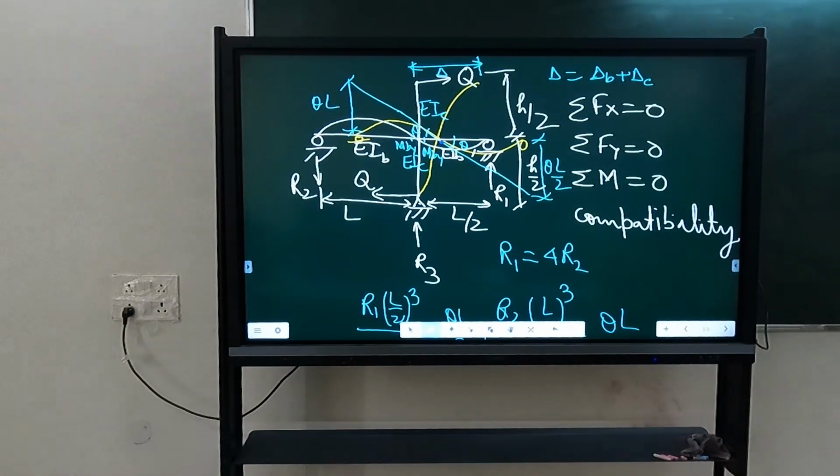Because we have designed the columns stronger than the beam, the column hinge is not forming; hinges will form in the beams. Then again I have to apply further load to get the hinge here. That is QY2. QY2 will be the sum of QY1 plus the additional force.